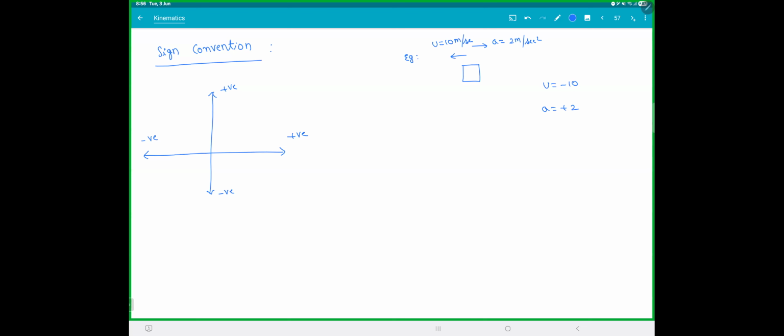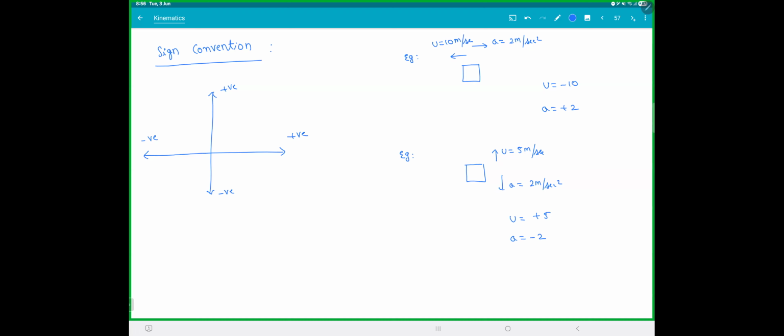So while applying the formulas, make sure you have appropriate signs. Suppose if this thing is going up with 5 meters per second, and acceleration is down, which is 2 meters per second square. So when you apply the formulas, you use u is equal to 5 and a is equal to minus 2. Clear? Simple sign convention, up positive, down negative.